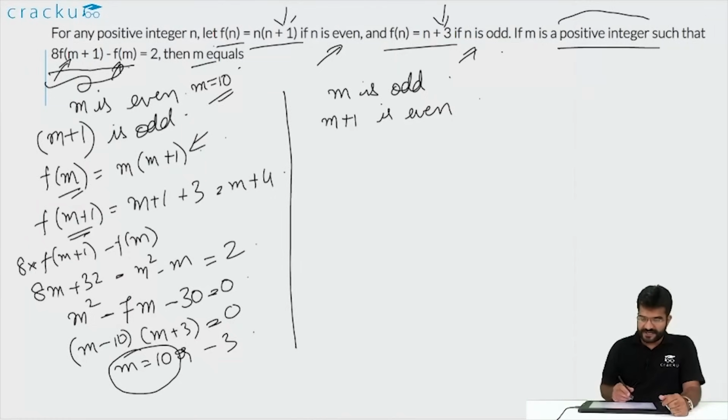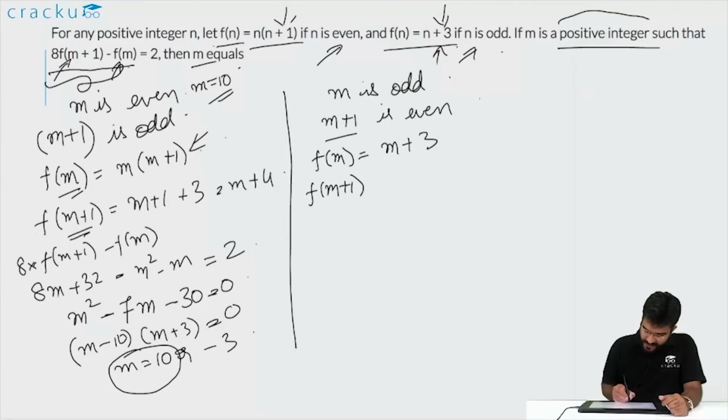Now let us look at the second case where m is odd, and in that case m plus 1 will be even. So f of m will equal m plus 3, again by definition of the function. And f of m plus 1, note that in this case m plus 1 is even, so we will have to apply this formula, and it will be m plus 1 into m plus 2.